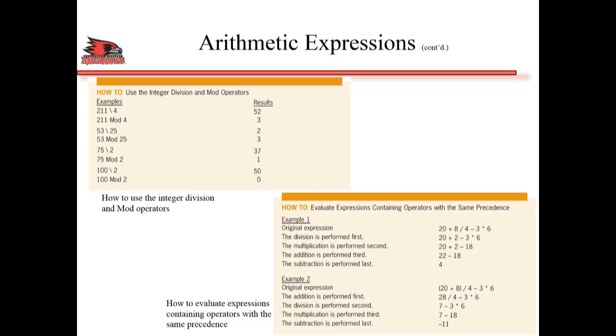And if you do mod 4, so 52 times 4 is 208, and you get a remainder of 3, and that is your mod answer. And so similarly all those other examples. And below is the example about precedence. As you can see, in the first example you start with the division first, then multiplication, then addition, and then subtraction. And in the second example you have a bracket which you do first.